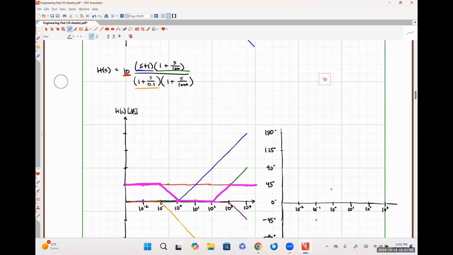I know that if I'm starting at 0, which I have no reason to not start at 0, at 1/10, I should hit -45 degrees. This guy is going to change my phase by +45 degrees when I'm at 1. So we should be -45 plus 45, we should be at 0 right here, effectively.